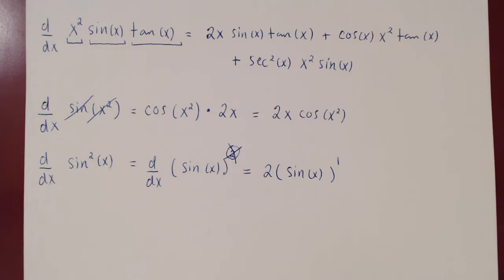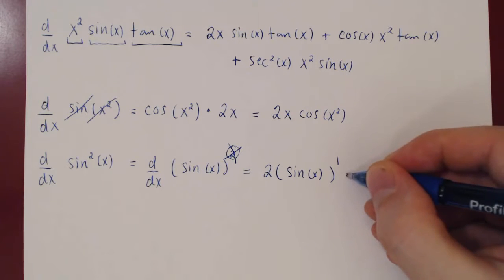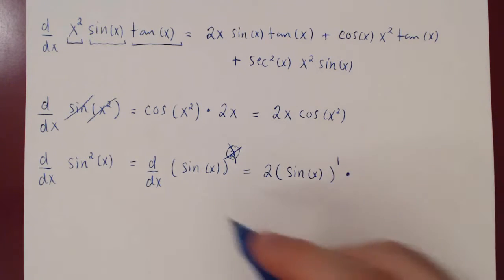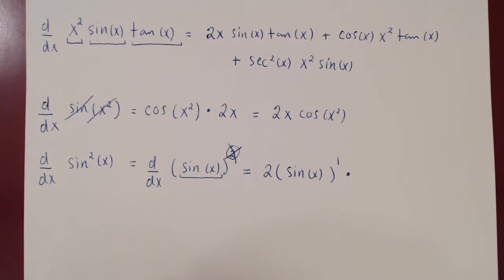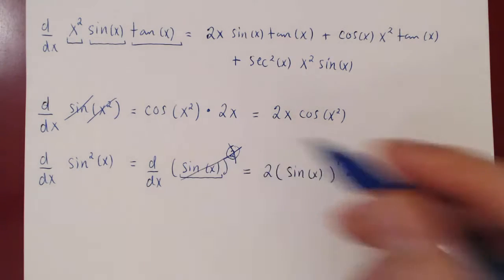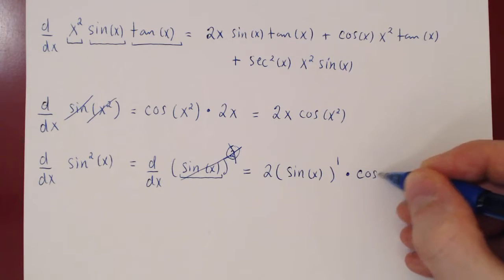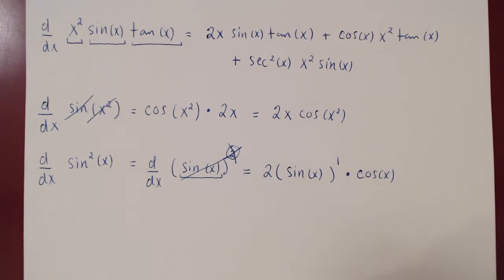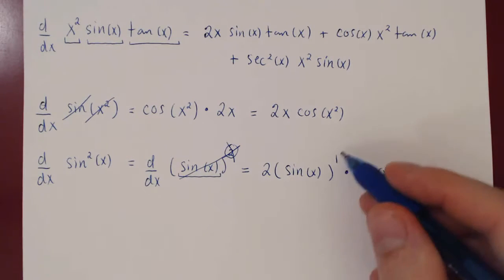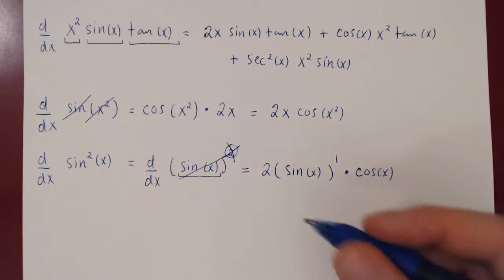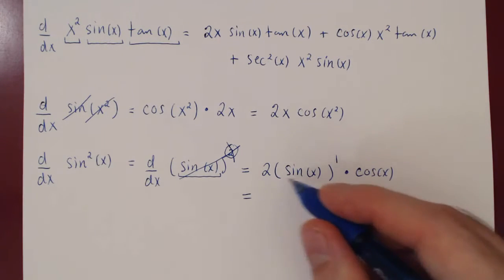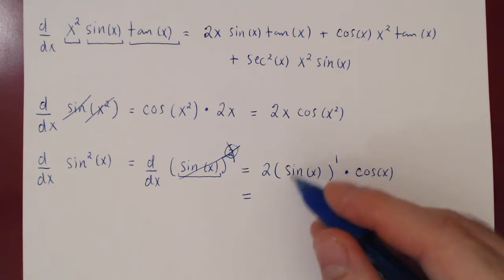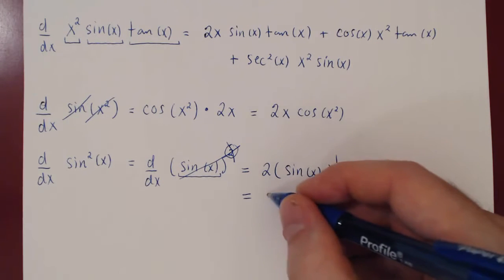So we have to apply the chain rule again, which says we multiply what we have so far by the derivative of what's left over. What's left over is sine of x, and the derivative of sine of x is cosine of x. So, if we drop the silly power 1, the derivative of sine squared of x is actually 2 sine of x cosine of x.